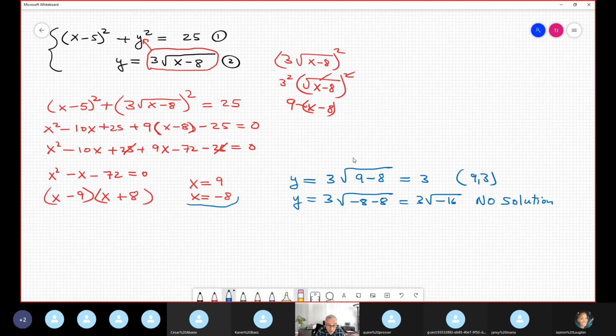So this value gives y imaginary. And remember, when you try to find something in algebra and the answer is imaginary, it's because it does not exist. Unfortunately, we have one solution, one common point. The solution set is just 1 point, which by the way is the point 9, 3.